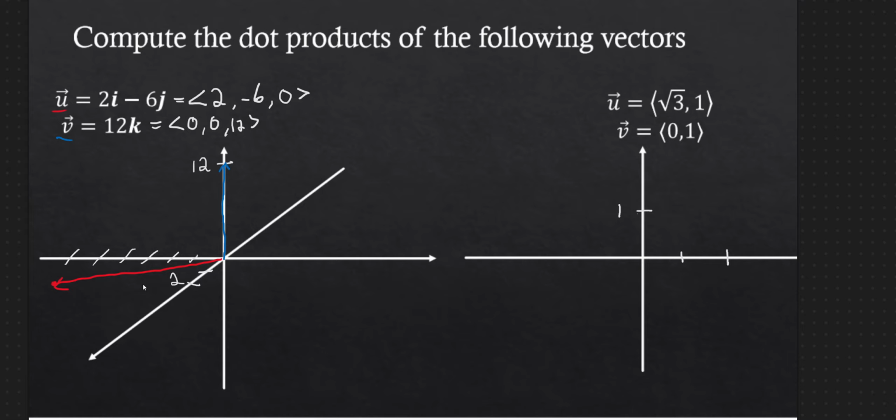So I'm applying this force to this object that's moving up. Maybe it's an elevator moving up, and I'm in the elevator shaft pushing on the elevator in this direction, but the elevator's not moving in that direction at all. It's just moving up, so my force is not contributing any work being done. This is v, by the way, and this is u.